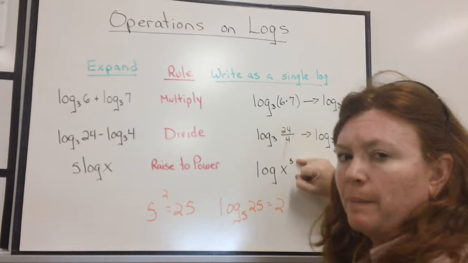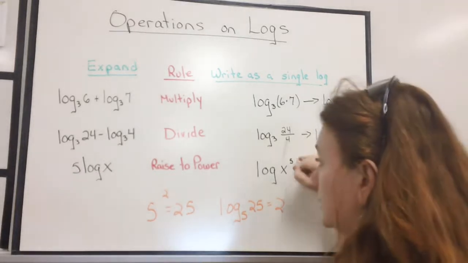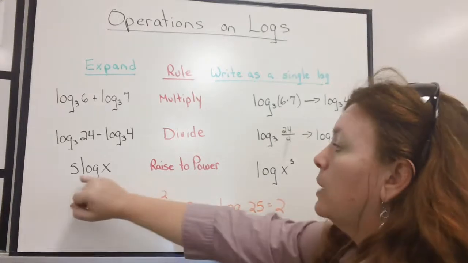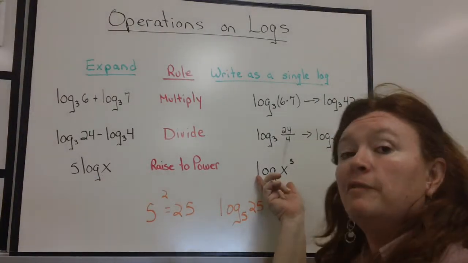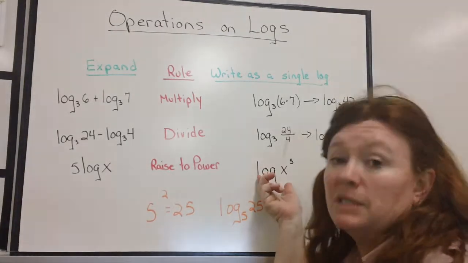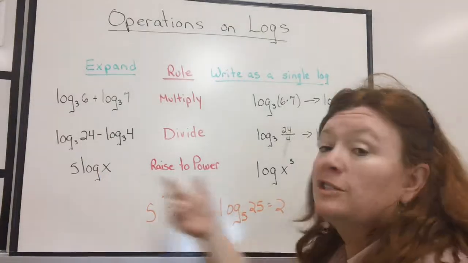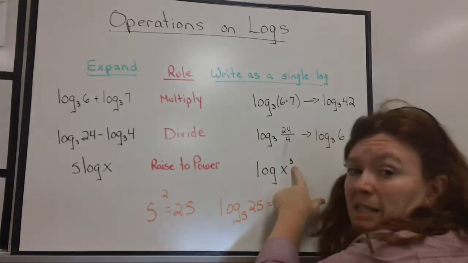What do you do when you raise a power to a power? You multiply, okay? So when I'm raising it to a power, it's the same thing as multiplying. The log of x to the 5th power is the same thing as 5 times the log of x. So these are equal to each other. It's very rare that you can say that when you raise something to the 5th power.